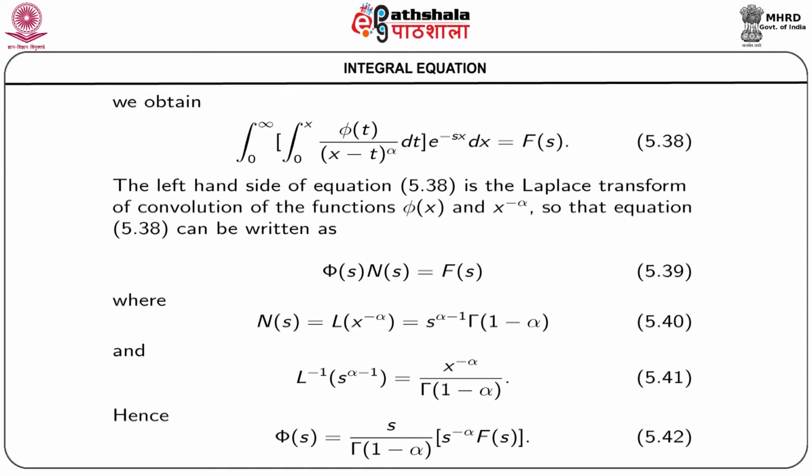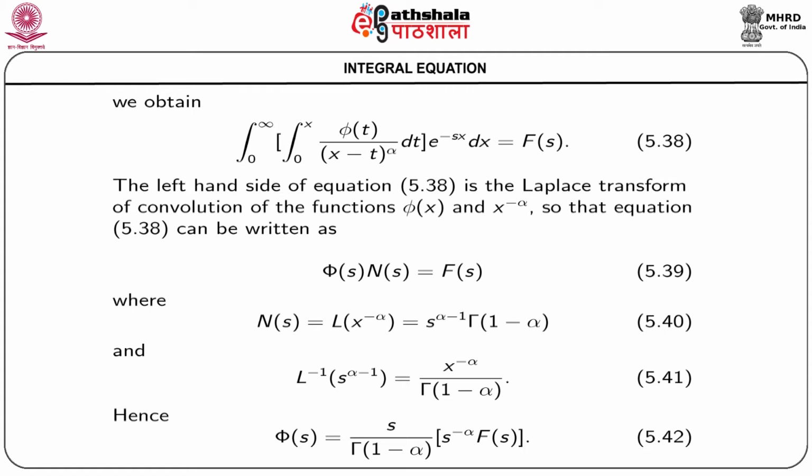So in equation 5.40, the Laplace transform of x to the power minus alpha can be calculated to be equal to s to the power alpha minus 1 into gamma 1 minus alpha.